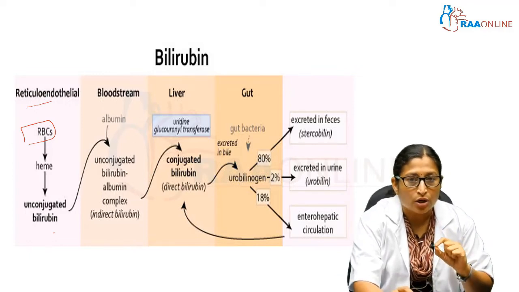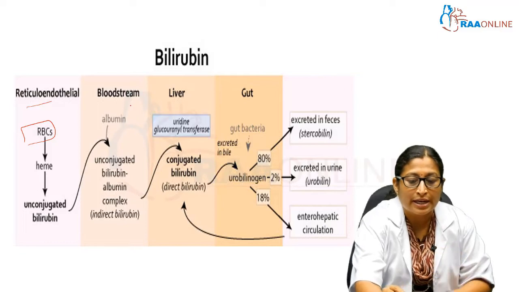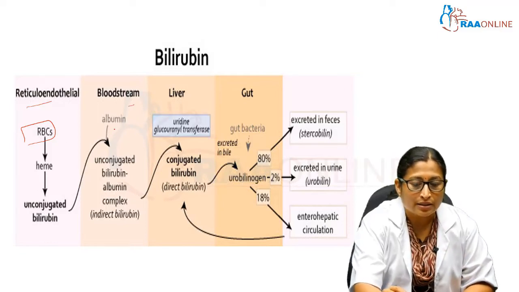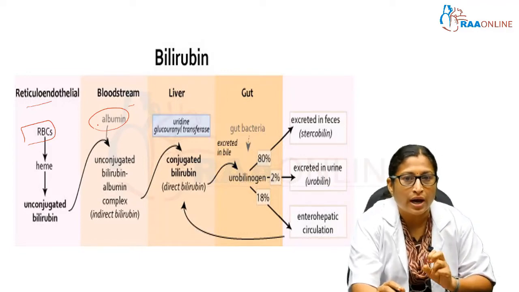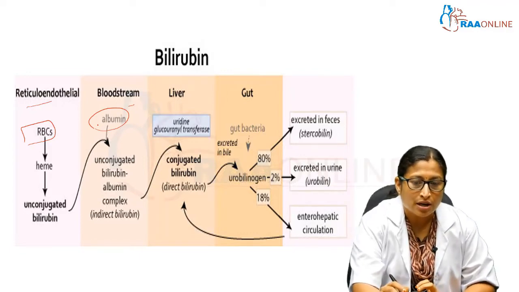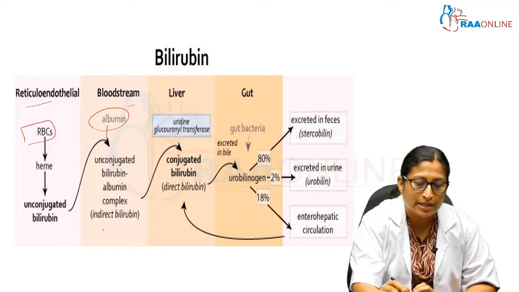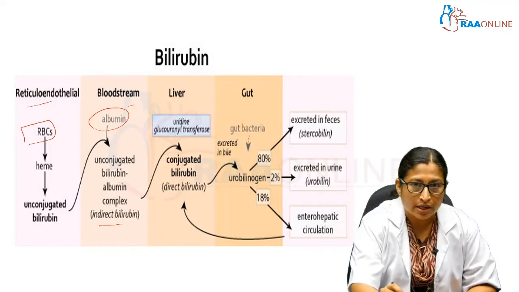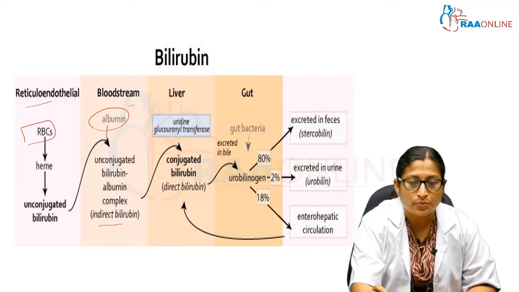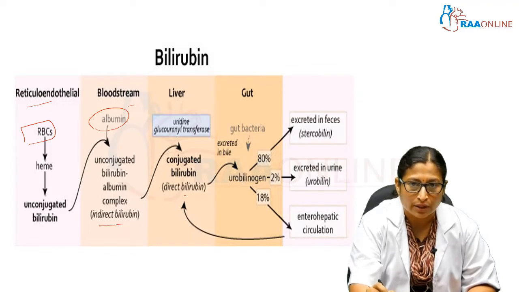Now this unconjugated bilirubin is then secreted into the bloodstream, where it is complexed with albumin. It is bound to albumin and circulates as the unconjugated bilirubin albumin complex, which is called indirect bilirubin. And now this unconjugated bilirubin is taken up by the liver, where in the presence of the enzyme uridine glucuronyl transferase, unconjugated bilirubin is conjugated into direct bilirubin.